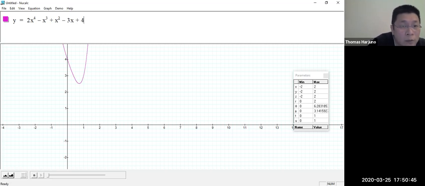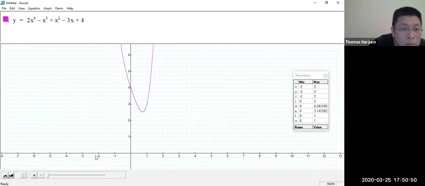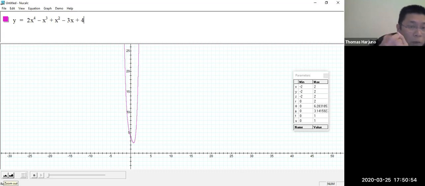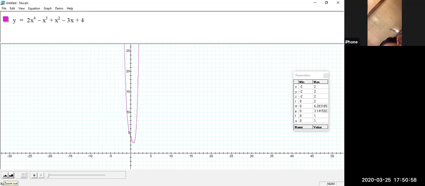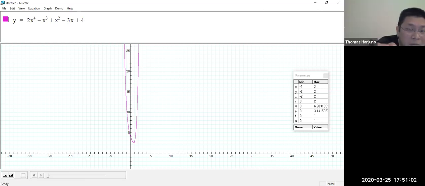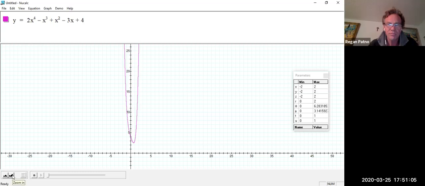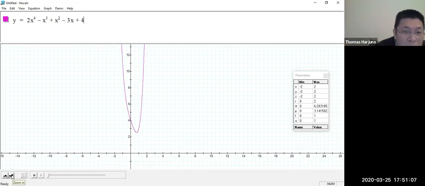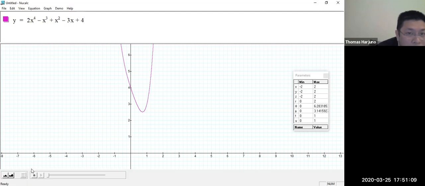This is what the graph looks like. So how many x-intercepts do we have here? There are no x-intercepts, right? In fact, there's no x-intercept, not even a positive x-intercept.